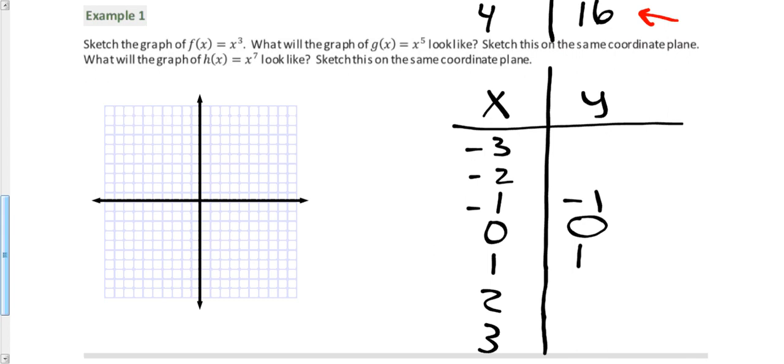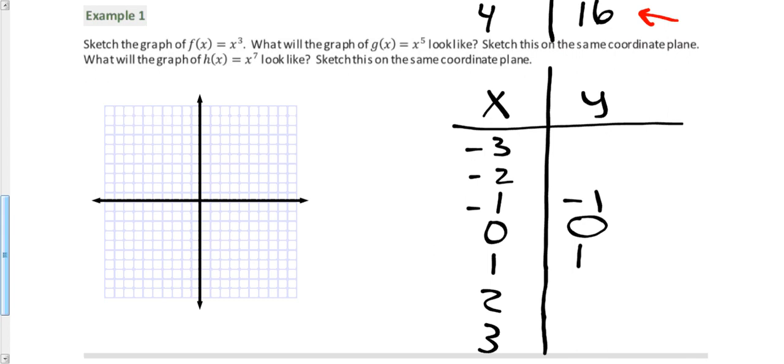So -1 cubed, right? Can you believe they don't believe us, Jordan? -1 times -1 times -1. What is this? And that's 1 times -1, right? And then this is -1. Winner, winner, chicken dinner, right?